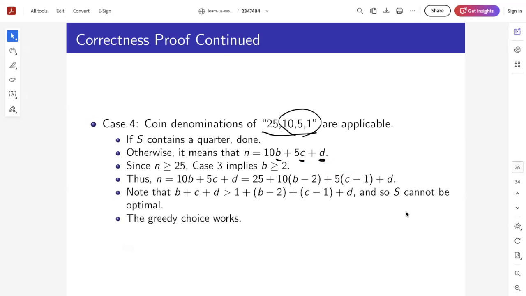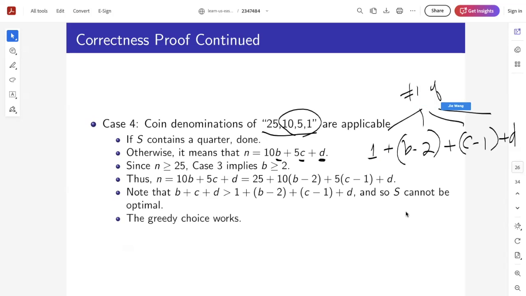Now, since I can use a quarter, I can use 1 quarter. That is equivalent to B minus 2 plus C minus 1 plus D. So this is the number of coins following the greedy choice.